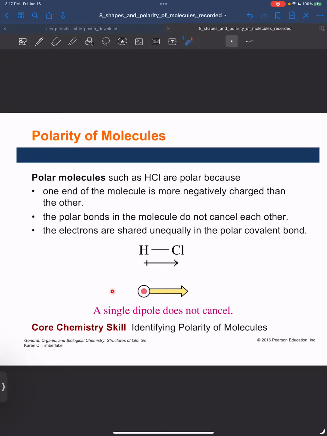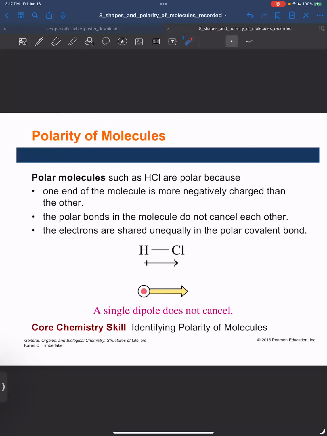So there's nothing else going in the other direction. No other dipole arrow is canceling this one out. And so therefore these electrons are shared unequally in this polar covalent bond. And so we would say, this molecule overall, hydrogen chloride, is polar. And this is going to be a core chemistry skill in identifying polarity of molecules. So we'll continue to work on this.